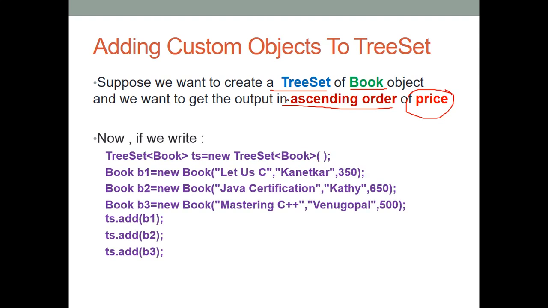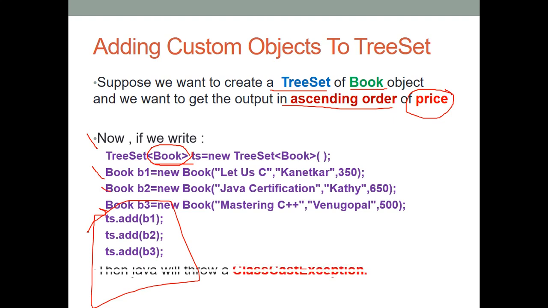If you have a TreeSet of Book, this object only stores homogeneous data of the Book type. So new TreeSet of Book, we are creating one object of the TreeSet collection, and now you are going to store book 1, book 2 and book 3. All these are Book objects you create and add to this TreeSet collection, and now you perform the operation on this.